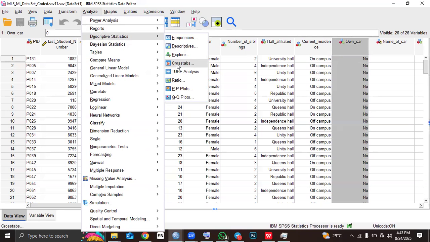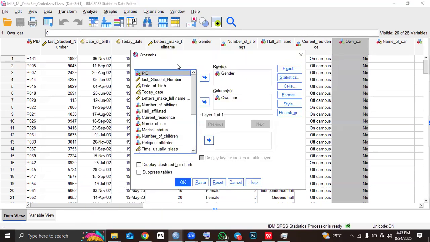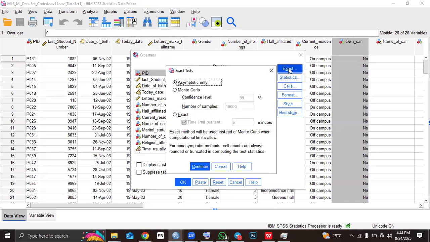Once we click Crosstabs, this menu is going to pop up for us. In our rows, we are going to put gender, and then in columns, we are going to put own a car. Now, when we do this, we have to come to Exact.